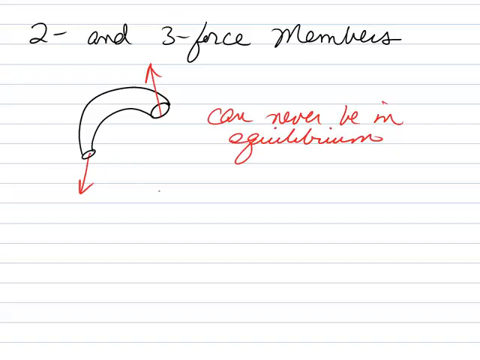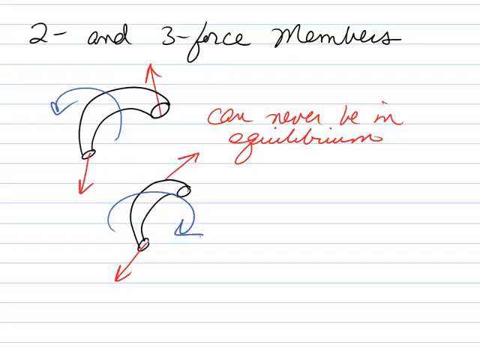It will also never be in equilibrium if you have some kind of a, whatever this is supposed to even be, a telephone. If these forces are parallel, but they don't line up. You see how that'll never be in equilibrium? This one's always going to want to spin this way. This one here is always going to want to spin that way.